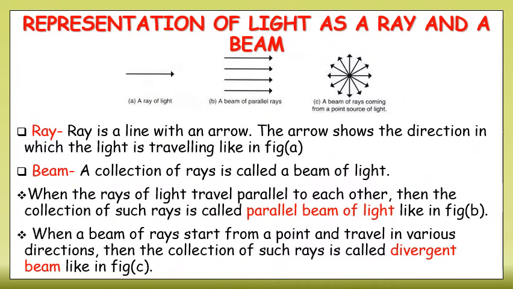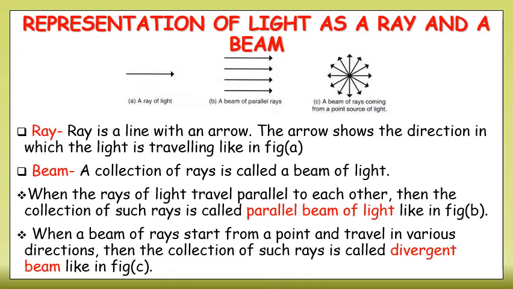Now, students, this rectilinear motion of light can be represented by a ray and a beam. Now, what is a ray and a beam? A ray is a line with an arrow, and this arrow shows the direction in which the light is traveling.